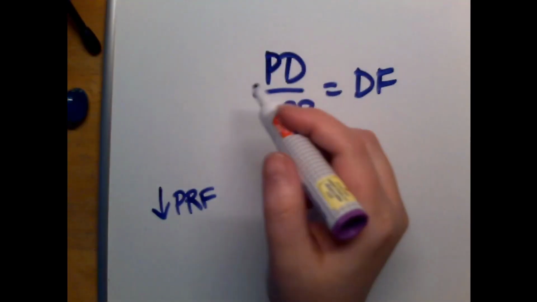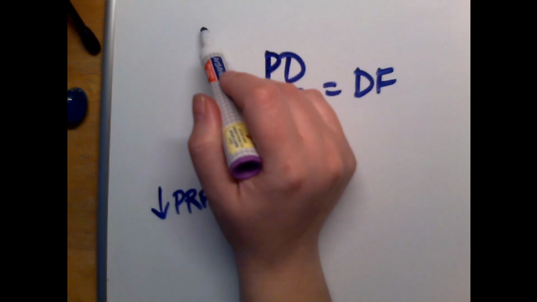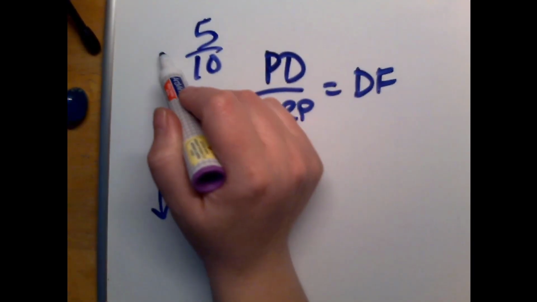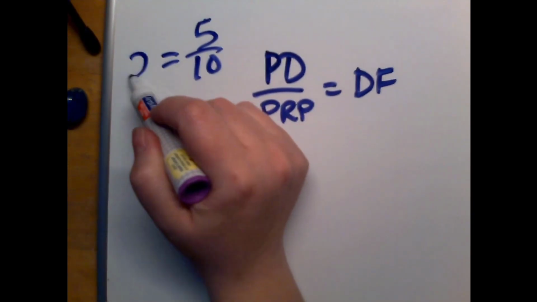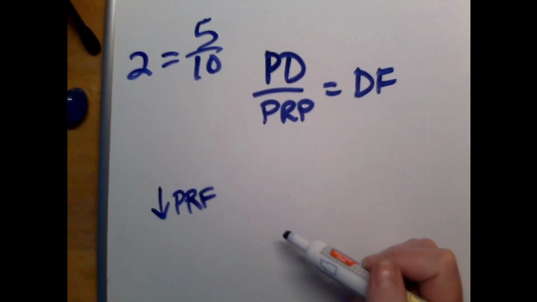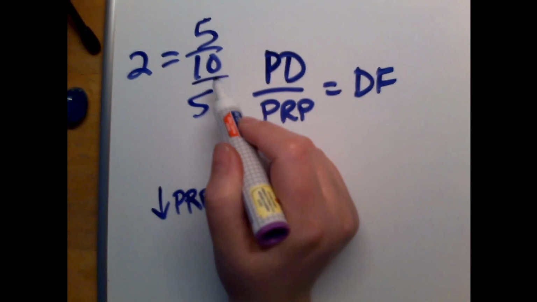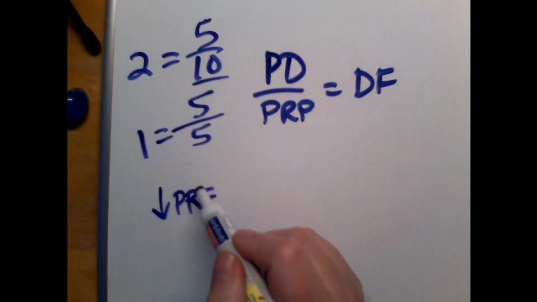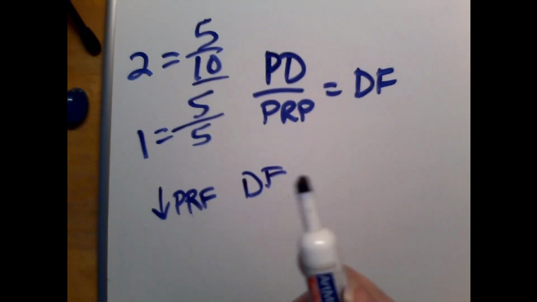Let's say, doing some quick math, we did 5 divided by 10 at first. Our duty factor would be 0.5. Then let's say we reduce the PRP part of it, so 5 divided by 5. Now it's 1. That tells us that if PRP goes down, we can plug some fake numbers in and figure out that duty factor goes up.